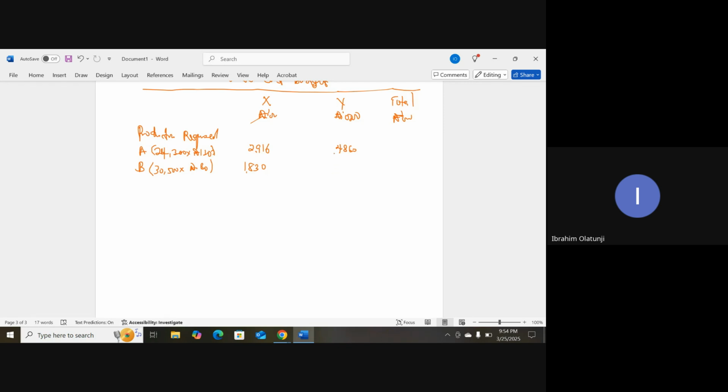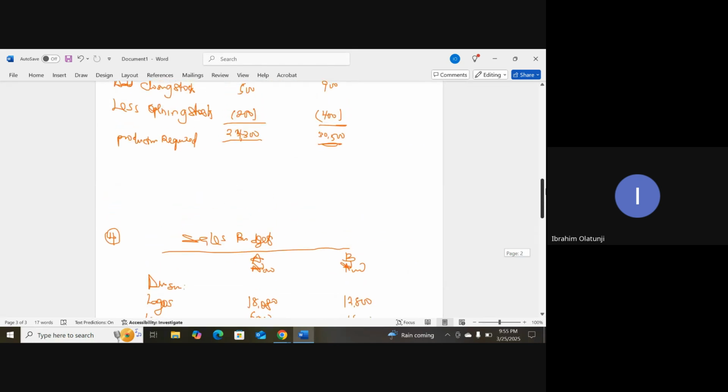What of B? B is 12,200. Someone should please confirm. So definitely I can just look for a way to put it here. 24,300, right? Multiply by, what do you use to multiply this one under Y? 200.